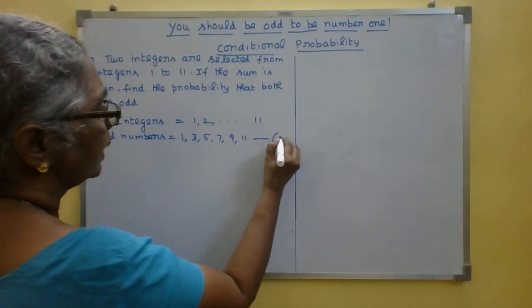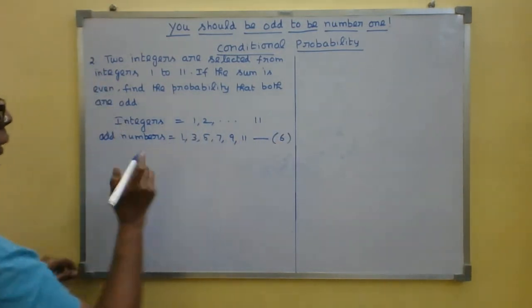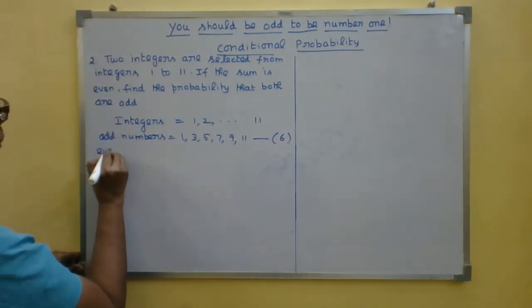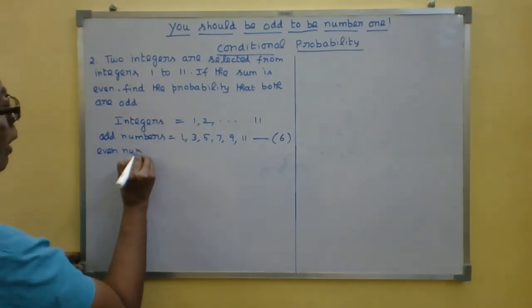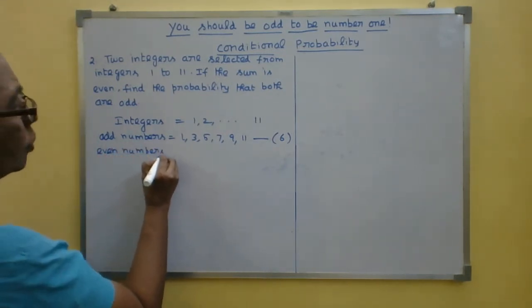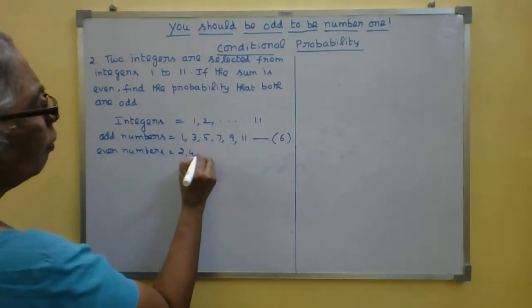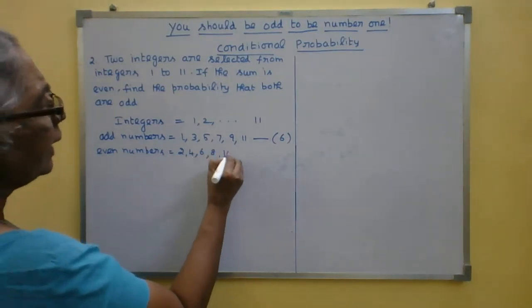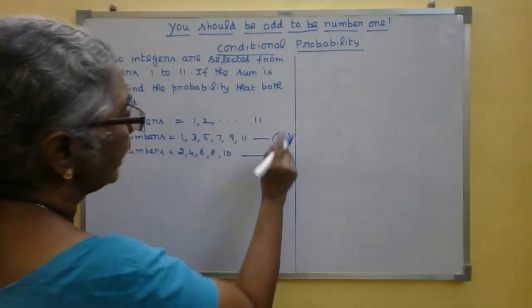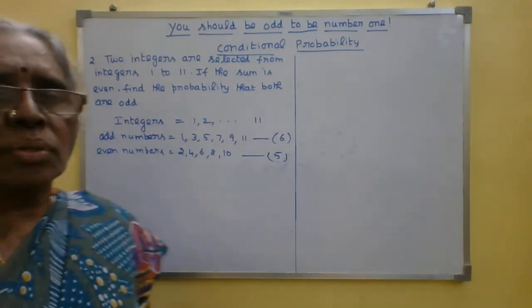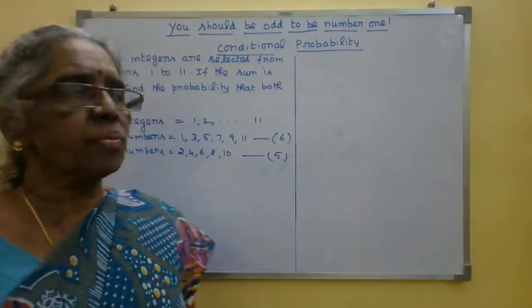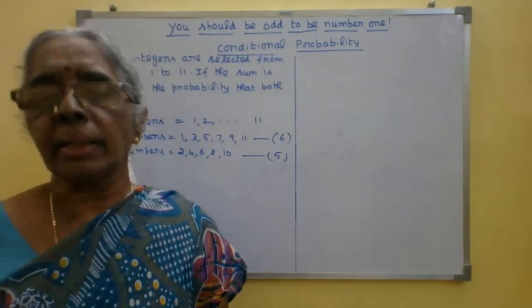So you actually get it as 6. Okay. Then even numbers. Even numbers you will get 2, 4, 6, 8 and 10. So you are getting actually in these 11 numbers, you have 6 odd numbers and 5 even numbers.